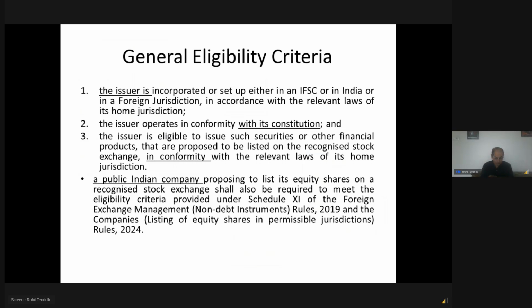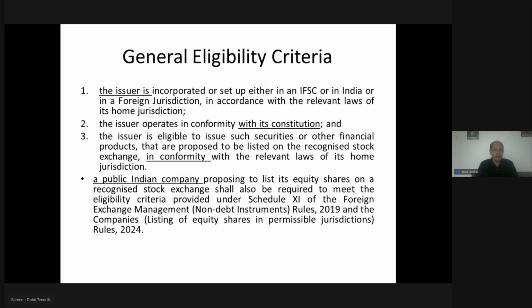So a company or entity that is incorporated in Germany in accordance with the relevant law of its home jurisdiction, that is Germany, can issue securities and financial products in the IFSC. Similarly, an entity that is incorporated in India can issue securities or financial products in the IFSC. Similarly, those already incorporated or set up in IFSC can again issue securities or financial products.